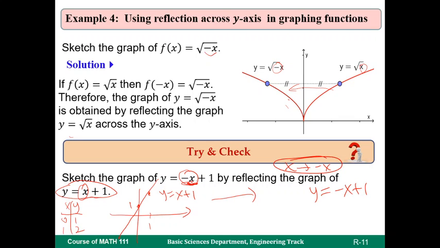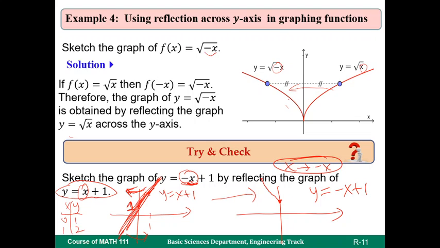So it means you will reflect this graph with respect to the y-axis. You have to make the reflection this way. On this part, it will go this way, and on this part, it will go this way. So you will have something like this then. At 1, we have the same issue here.